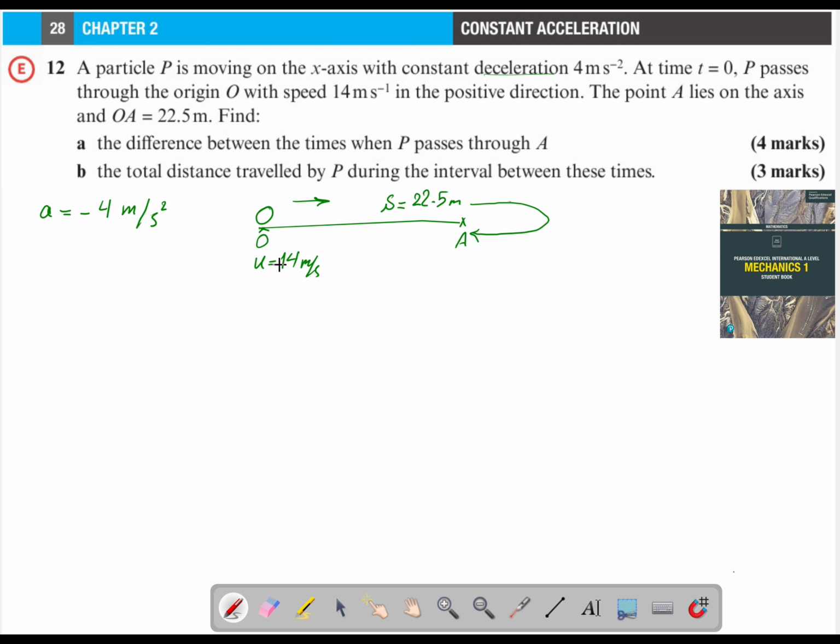Here we have initial velocity, here we have displacement, and in point A, displacement is the same when it passes A and turns back toward A. It means that in both situations, we have the same displacement, which is 22.5 meters.